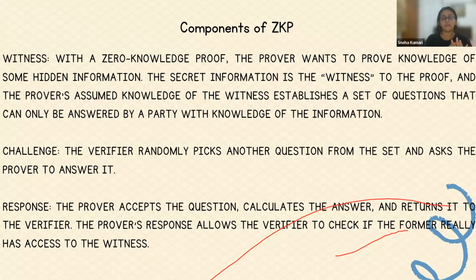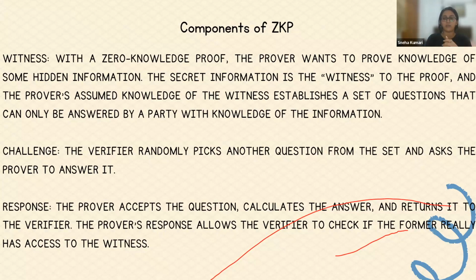Okay, and whatever knowledge the prover has about the witness will help the prover set up or establish a set of questions that can be answered by the other party with whatever knowledge they have.